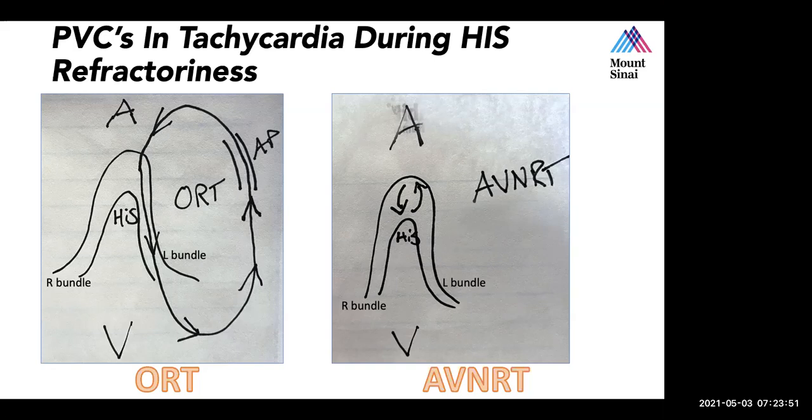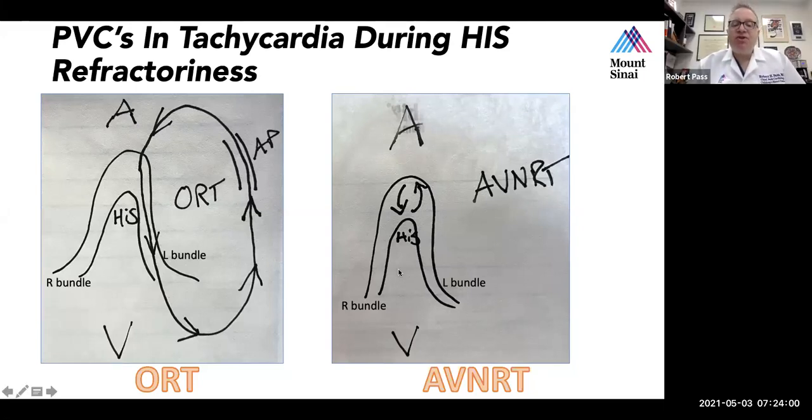On time. Why is that? Well, because it's above the His, and because the only way, in the absence of an accessory pathway, to conduct from the ventricle to the atrium is through the bundle of His. So if the His has just fired, it's essentially a gate that is temporarily disallowing ventriculoatrial conduction.